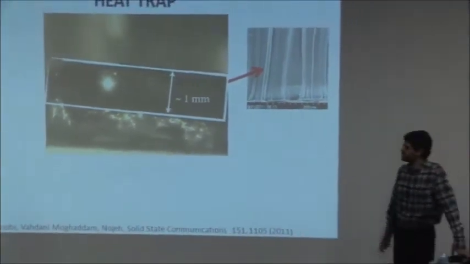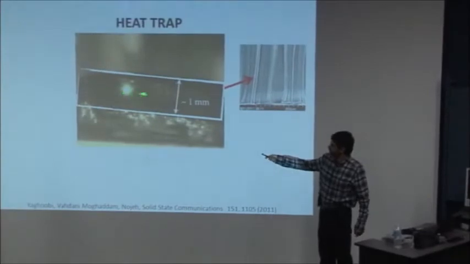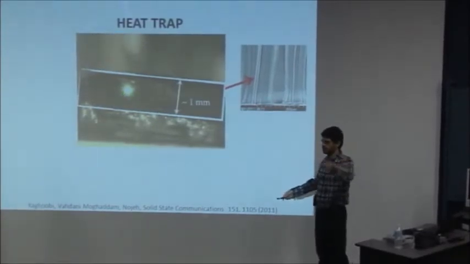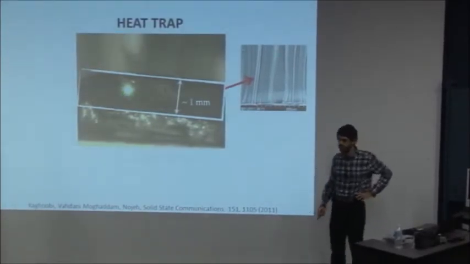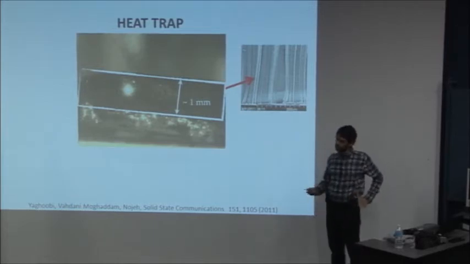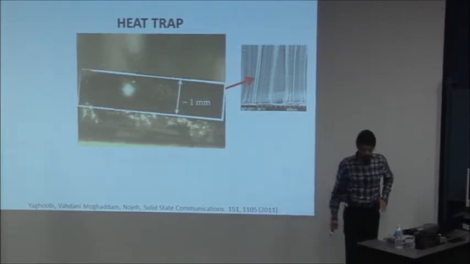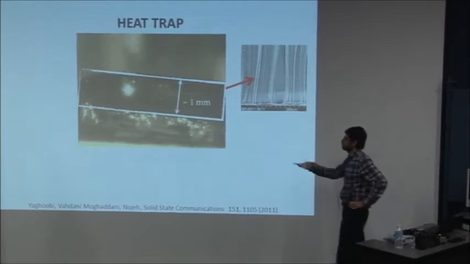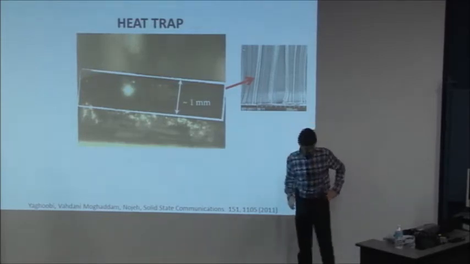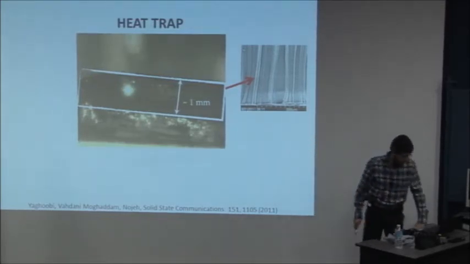Incandescence, black body radiation, right? And you can actually measure this temperature by putting this into a spectrometer and trying to fit it to Planck's black body radiation law, and it gives you a pretty good fit. And you can tell the temperature. And we've been going up to almost 2,800 degrees with this.